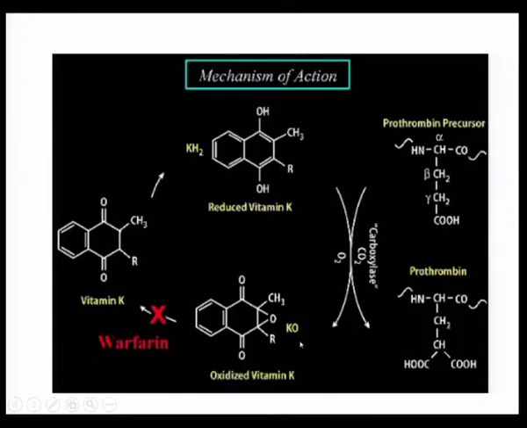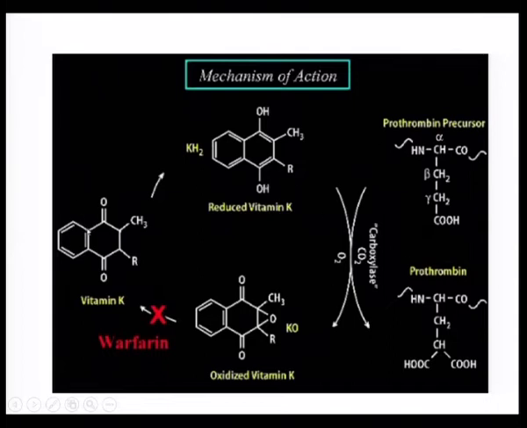So if you look at the mechanism in which coumarin plays a role, look at this picture. Here you have the oxidized vitamin K, and this oxidized vitamin K gets reconverted. So there is a kind of cyclic reaction happening.